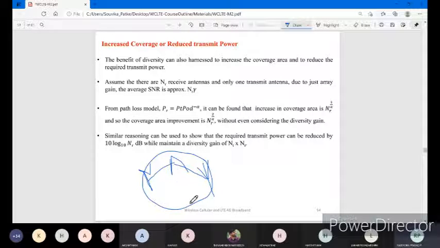If I am able to calculate and measure this, and give sufficient energy, then obviously there won't be any loss. If I am not sure how much distance there is to the destination and I have given minimum power, then your loss is going to occur. That is why it says increase coverage or reduce transmitter power.